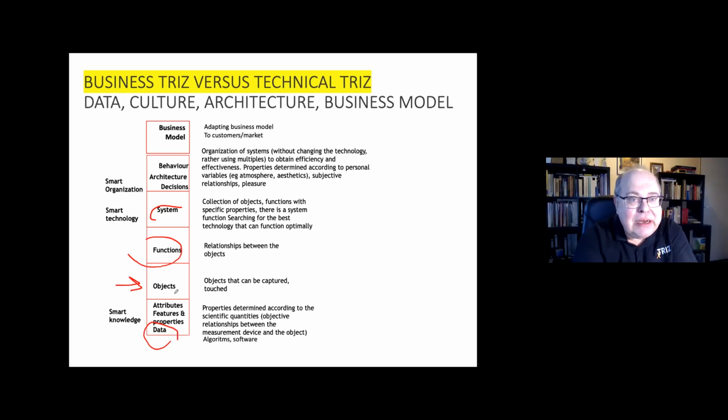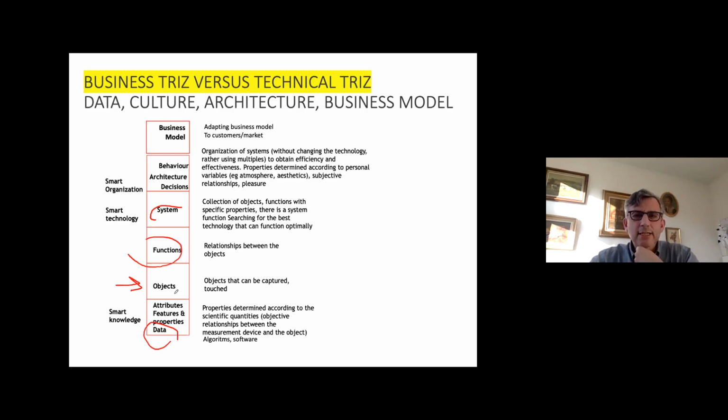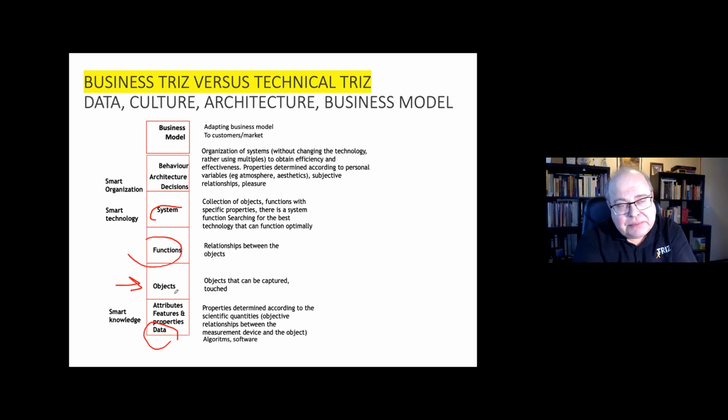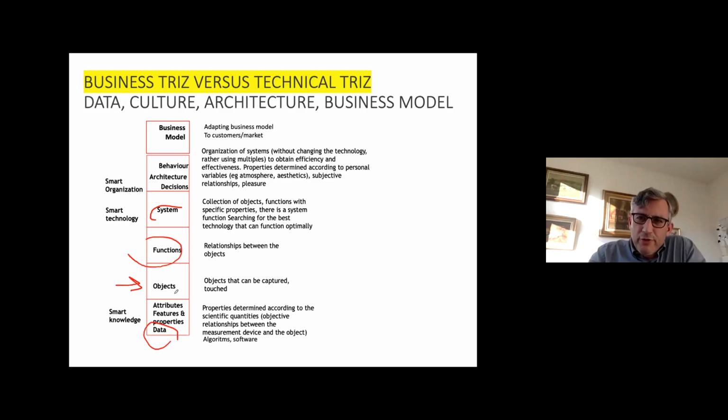A question from listen one. What is the relation between attribute and parameter? Yeah, that's an interesting question. From a TRIZ glossary point of view, and you can look it up in the TRIZ glossary Valerie made, he makes a difference between attributes and parameters. Parameter is a specific aspect of an attribute.